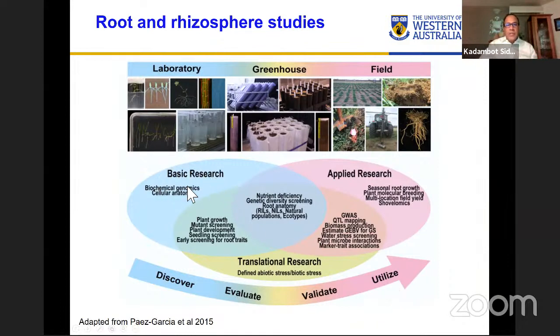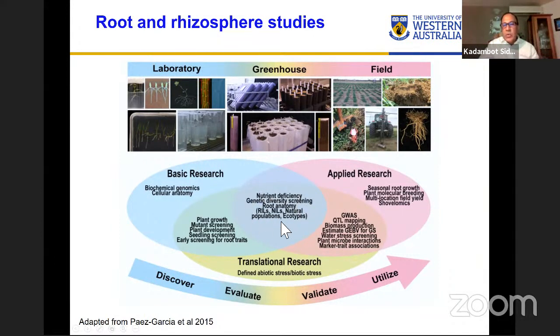For example, the basic research: agar, test tubes, etc. You can look at gel plates, etc. Biochemical, genomic and cellular anatomy. You can look at plant growth using mutant screening, plant development, seedling screening, and early screening for root traits, provided that early seedling traits are correlated with later plant development. Nutrient deficiency, genetic diversity screening, root anatomy, recombinant inbred lines, NILs, near isogenic lines, and natural populations and ecotypes.